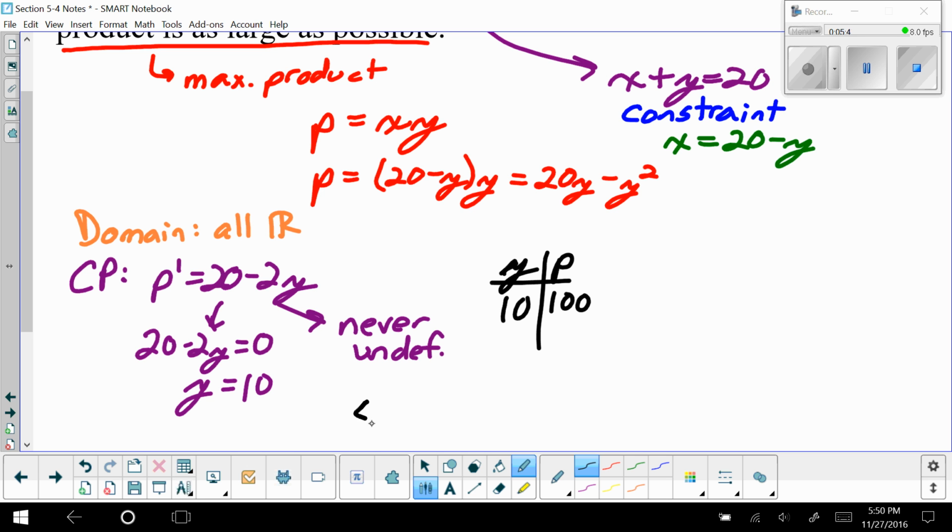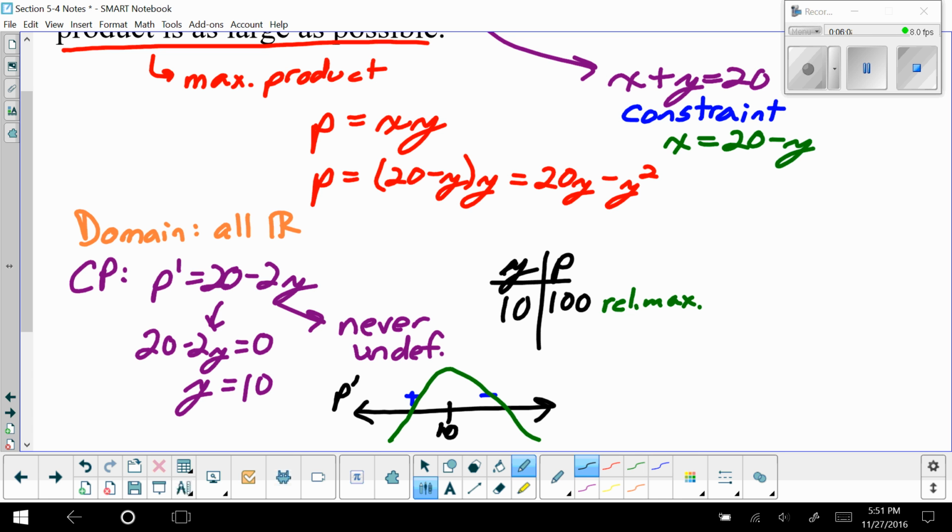So I do a sign chart for P prime, and I'm plugging these into my derivative, remember? So something less than 10, if I say 0, this is going to be positive. If I plug something bigger than 10, P prime is negative. So sketching, P is increasing and then decreasing. So I do have my maximum here. So that's really my only option.